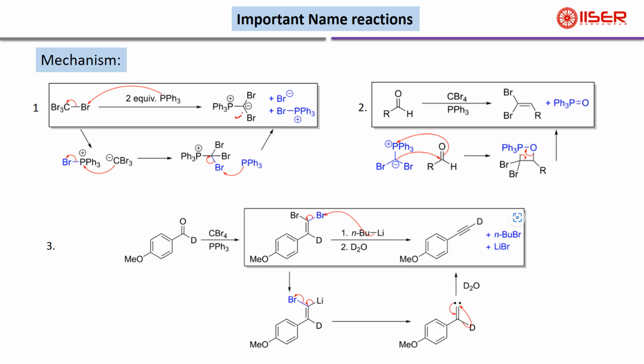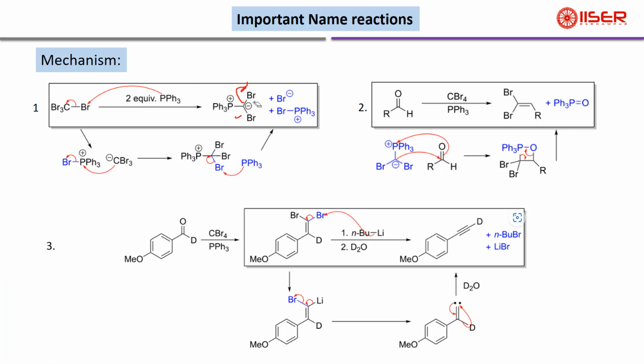After that, through alpha elimination of one bromine atom, it will generate this carbene type of system.